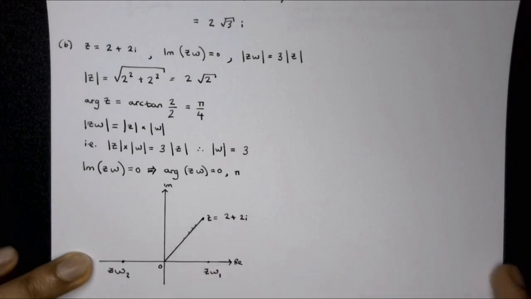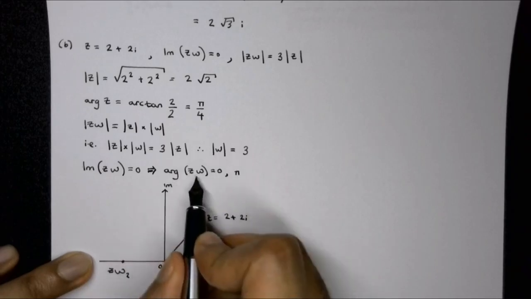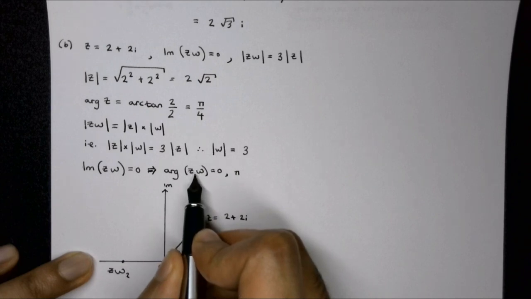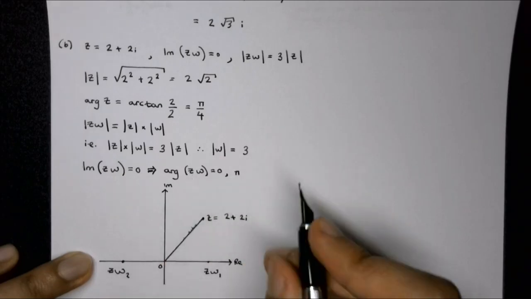Well, we know that when we find the argument of two complex numbers multiplied together, we add those arguments together.